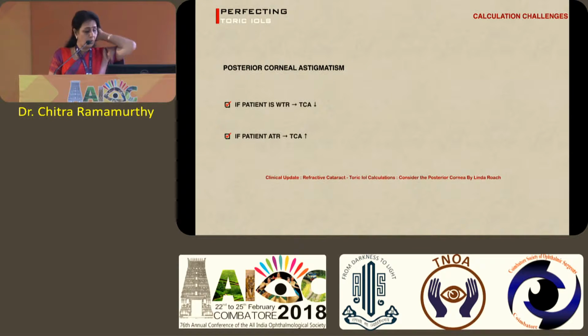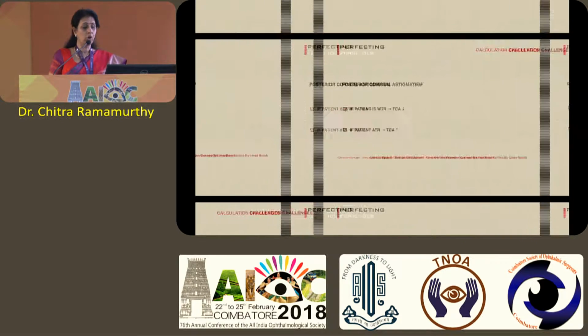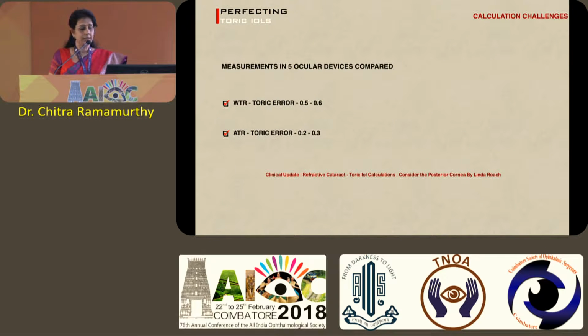Then there was a study done which calculated in different measurement devices, and it found that if the posterior cornea is not taken into calculation, there is an error of 0.5 to 0.6 with the rule astigmatism, and 0.2 to 0.3 for against the rule astigmatism.